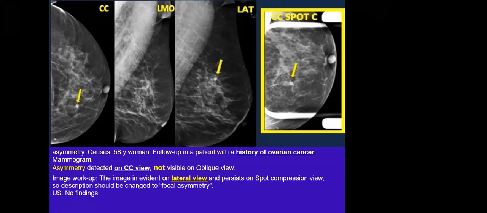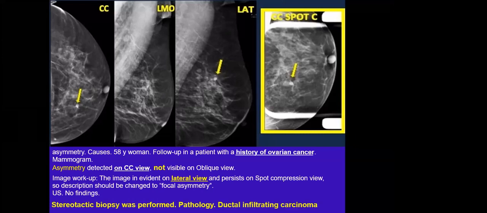We move to MRI or tomography, either to go for another view, another modality, or to do a biopsy using... yes, stereotactic. So stereotactic biopsy was performed, and pathology showed invasive ductal carcinoma.